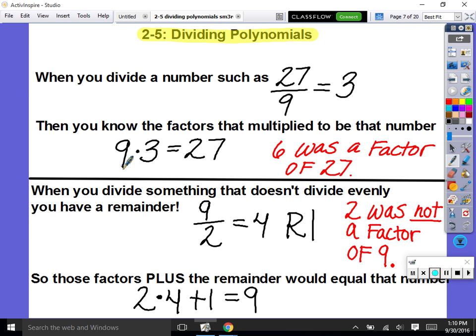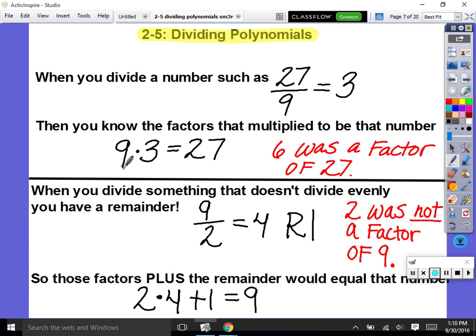Okay, now let's look at something where it doesn't come out evenly. So looking at this, 9 divided by 2, that's like 4 point something, correct? So it doesn't divide evenly, but can't we still divide it? Yes. So we have a remainder of 1. Here's why. 9 divided by 2. How many times does 2 go into it evenly? 4 times, correct? 2, 4, 6, 8. How many is remaining to get to 9? 1.